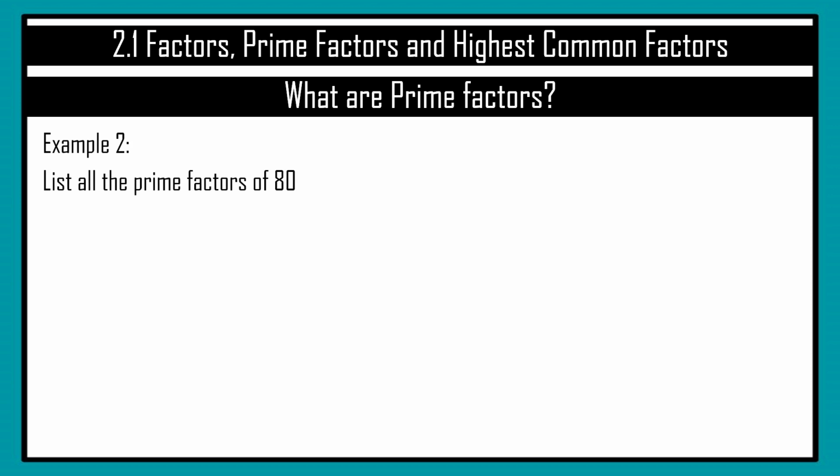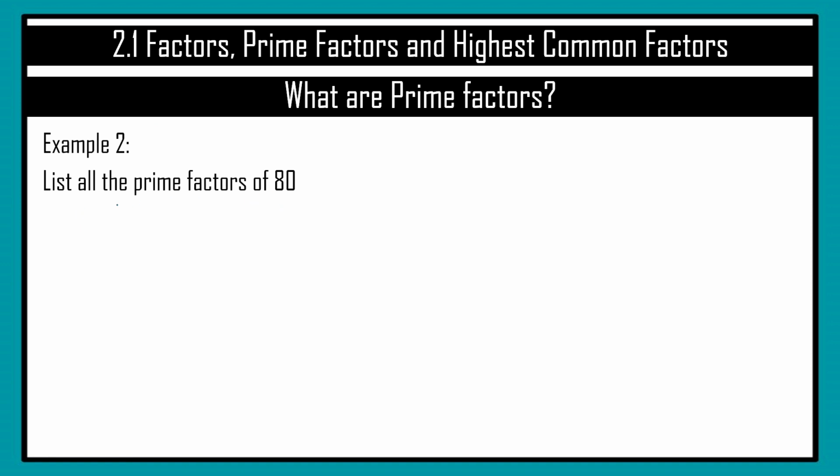Now let's list the prime factors of 80. In order to list the prime factors of 80, we must first list the factors of 80. You can use method 1 or method 2 that you have learned in the previous lesson. I'm going to use method 1.